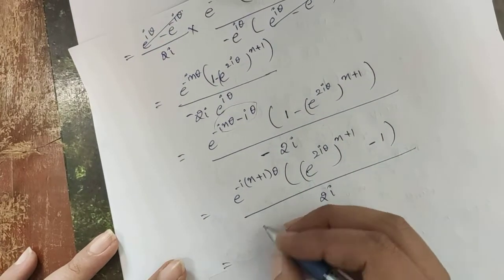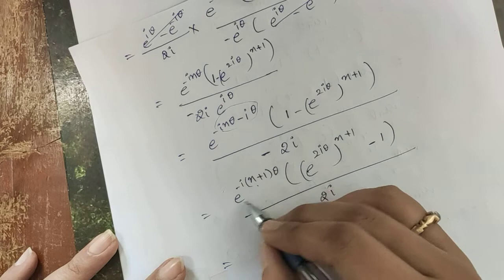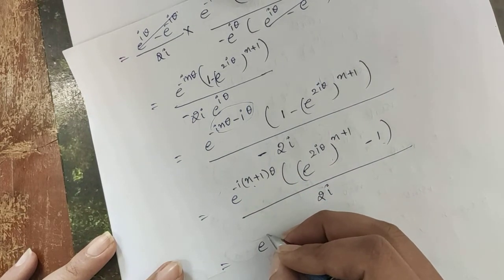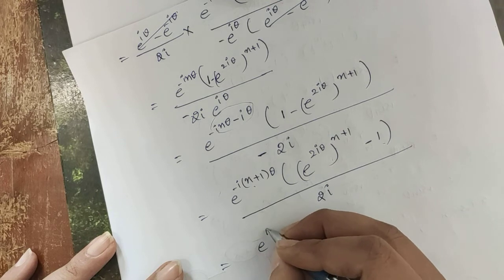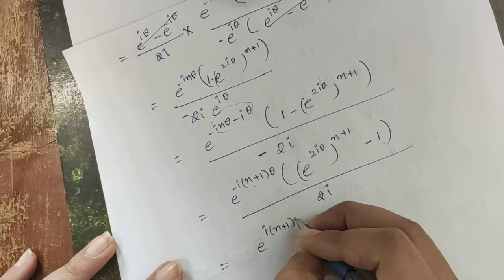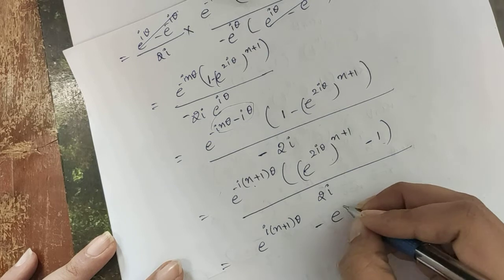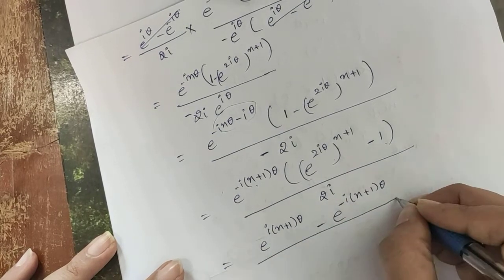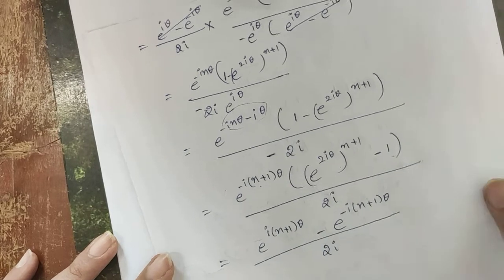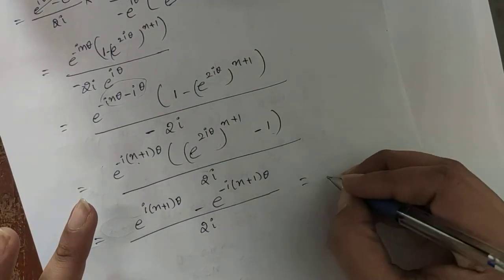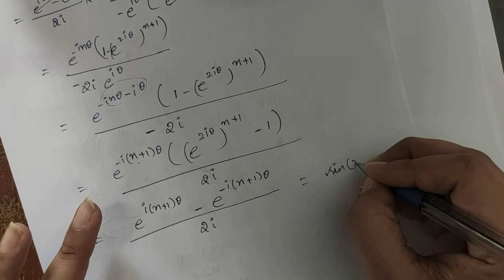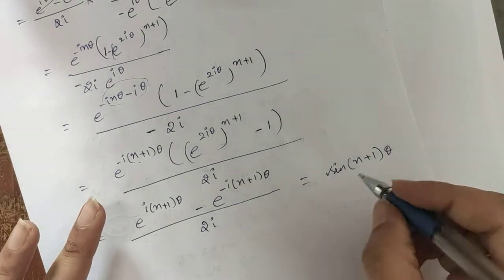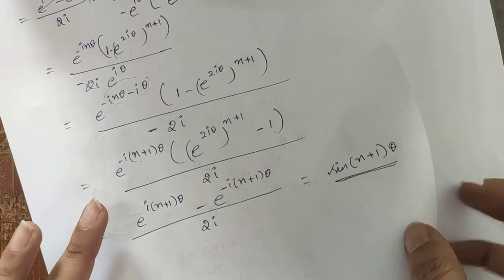This is nothing but multiply this term with these two, we will get (e power i into (n plus 1) into theta minus e power minus i into (n plus 1) into theta) whole divided by 2i. So this is nothing but sine of (n plus 1) theta, right? So we are getting sine of (n plus 1) theta here.